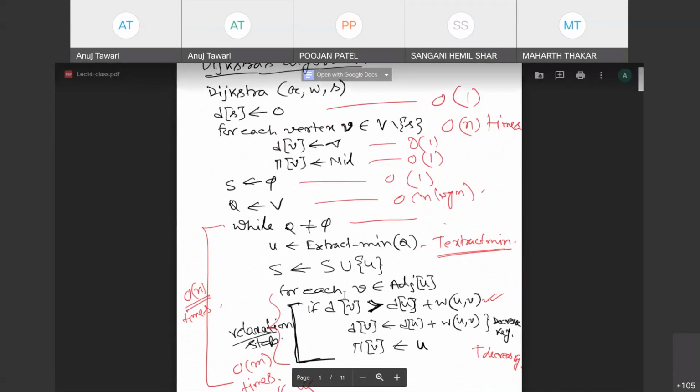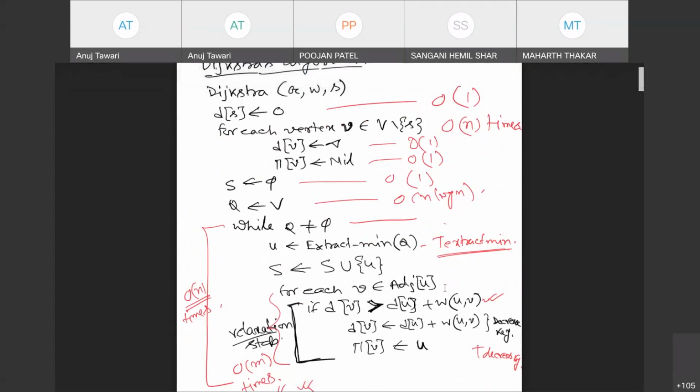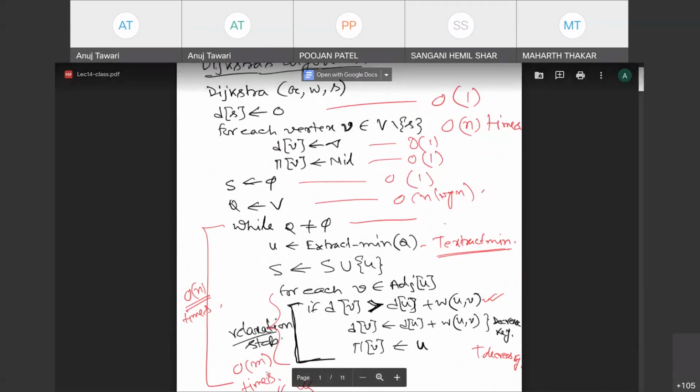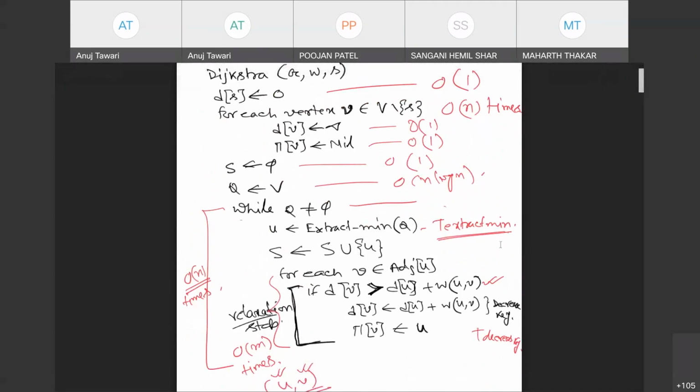We go over n times the extract minimum operation, and the decrease key, because we took v belonging to whichever were adjacent to u, will be at most the number of edges. So there are m decrease key operations and n extract min operations.